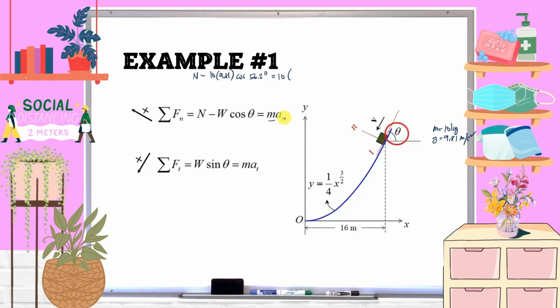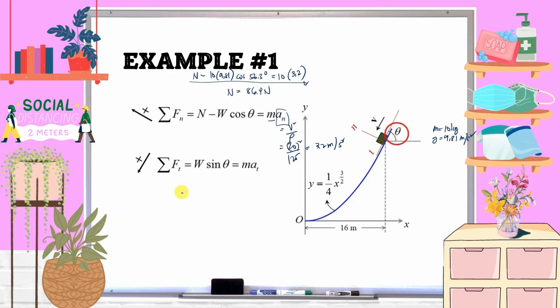Take note, a sub n is our calculated a sub n from earlier, v squared over rho, which is 20 squared over 125, which is 3.2 meter per second squared. So that would be 3.2. In this representation, we can directly solve for N, and N will be 86.4 Newton.